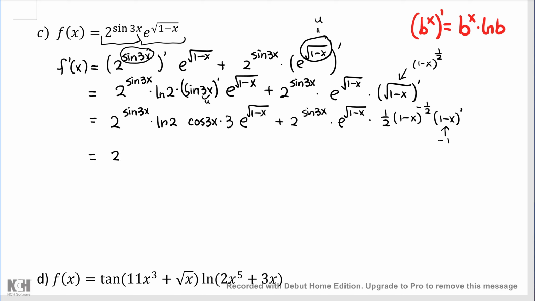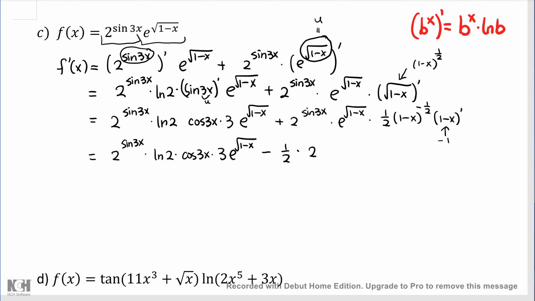With 2 sine 3x, ln of 2, cosine 3x and 3e to the square root 1 minus x. And the minus and the 1/2, we can put it in front. It becomes minus 1/2.